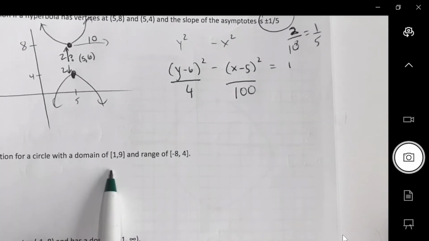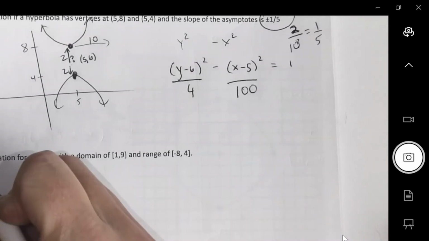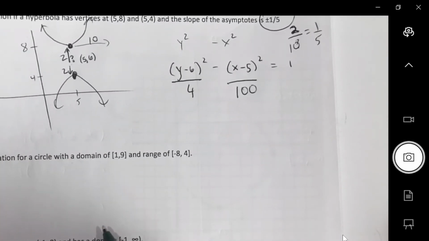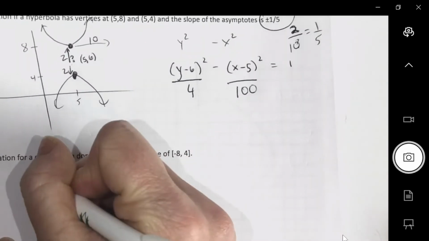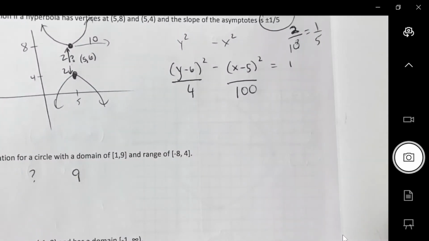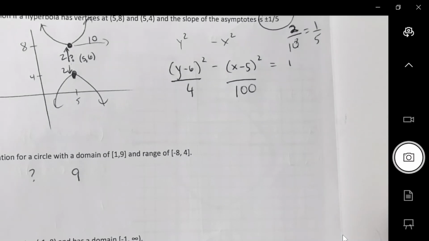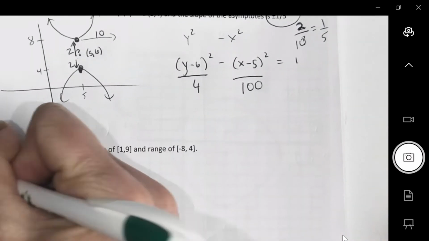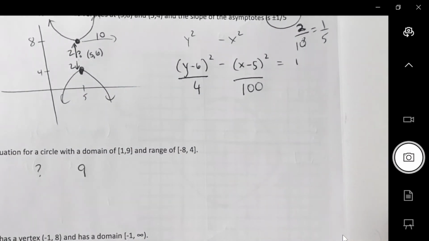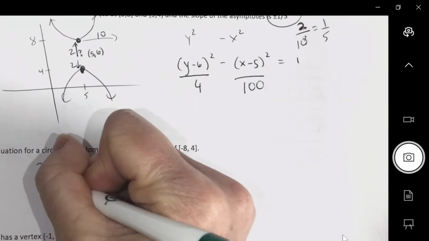Okay, we have a circle that has a domain. So X goes from 1 to 9. What X value is in the middle? Did we pick 5?